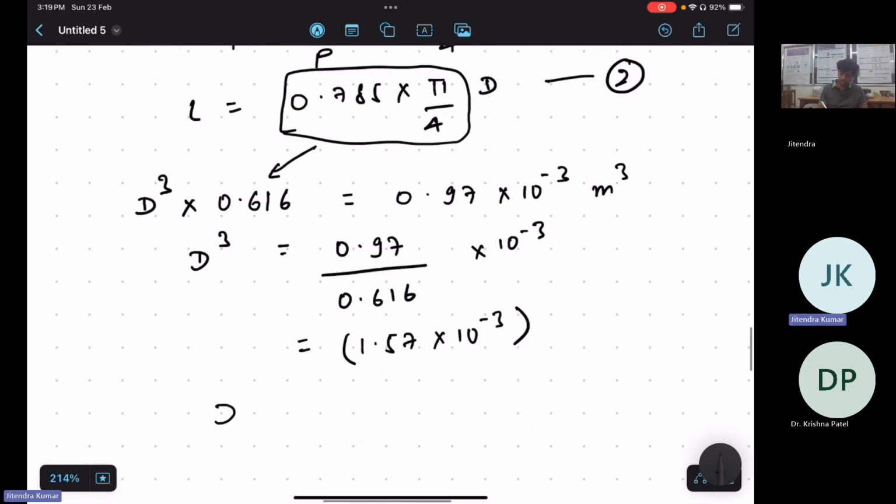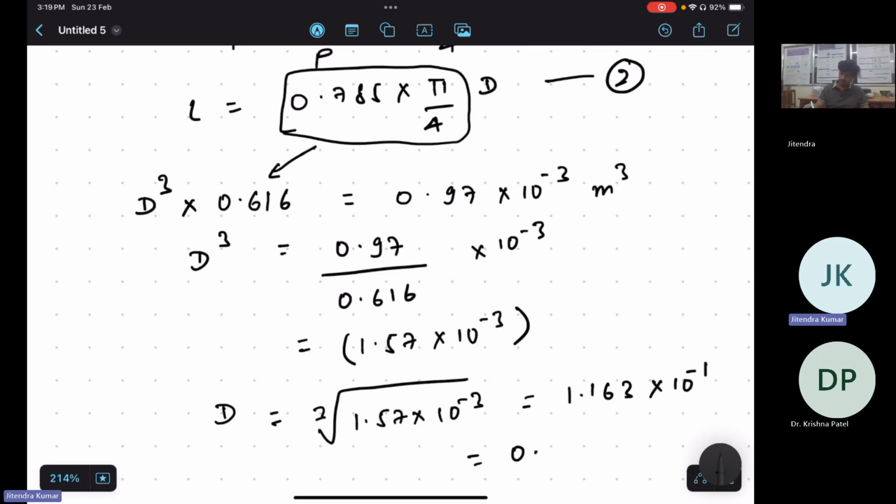We can calculate d. We have to take the cubic root of 1.57 into 10 raised to the power minus 3, and that will be 1.163 into 10 raised to the power minus 1.